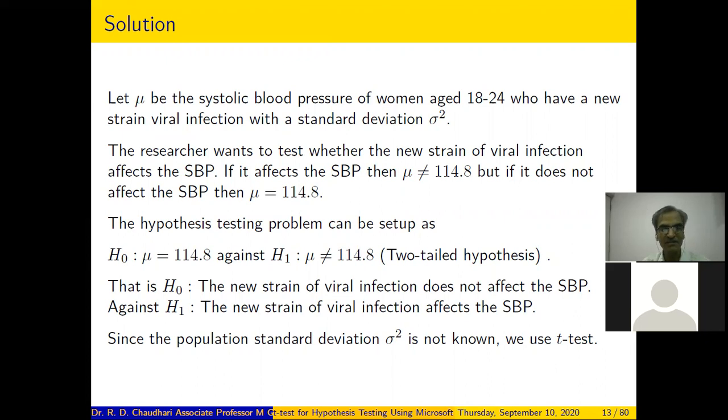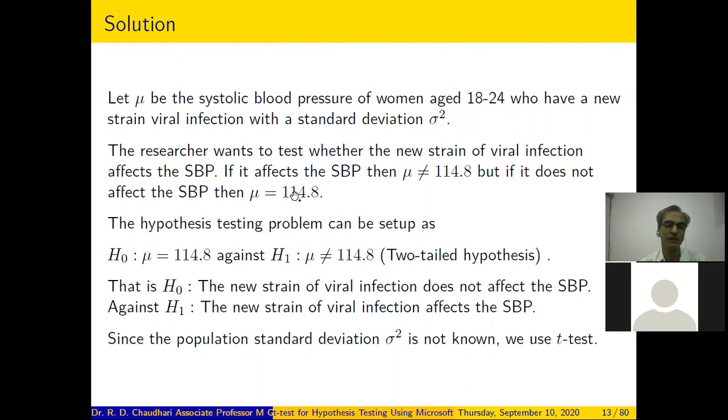If it affects the systolic blood pressure, then obviously the value of mu is not equal to 114.8. But if it does not affect, then the SBP for the woman is mu equal to 114.8, that is for the normal woman, right?